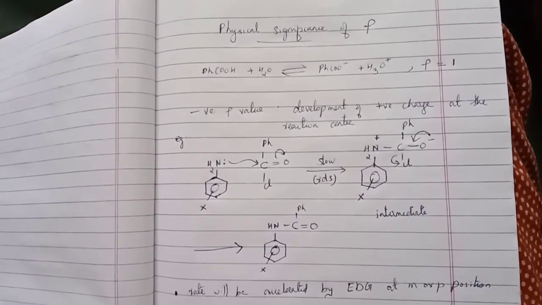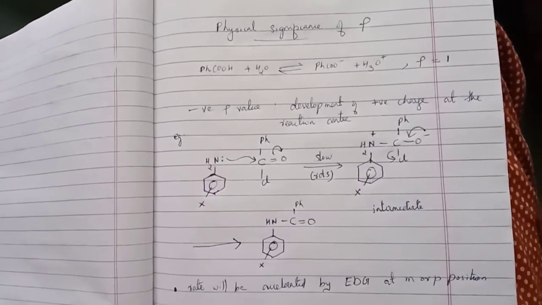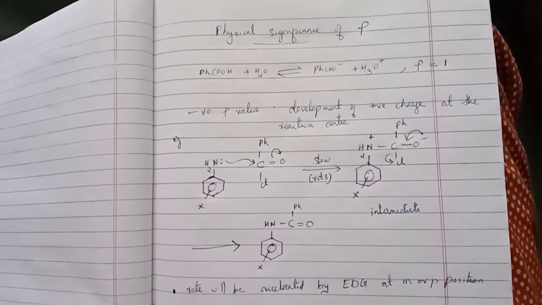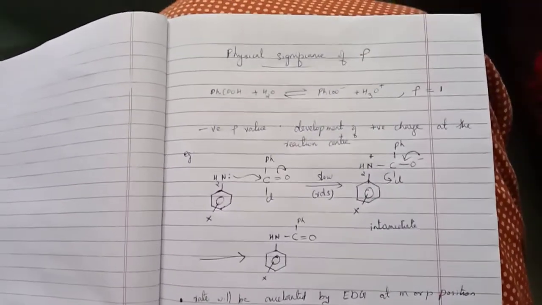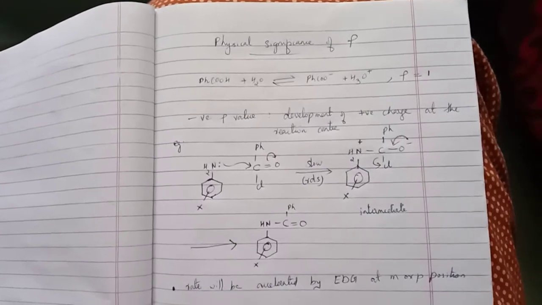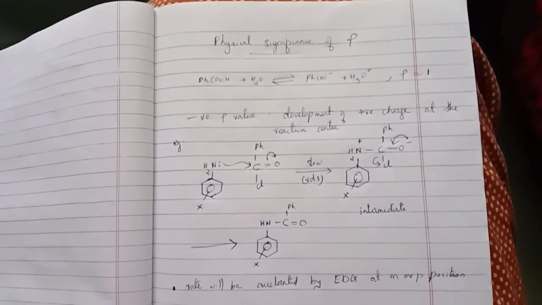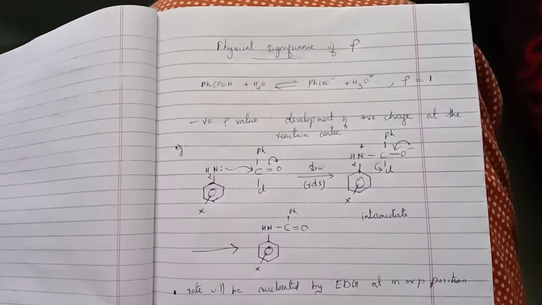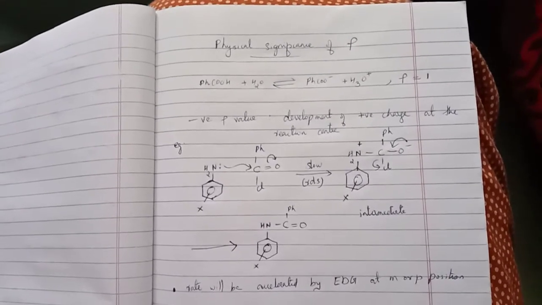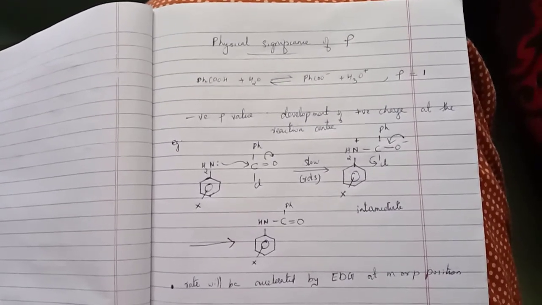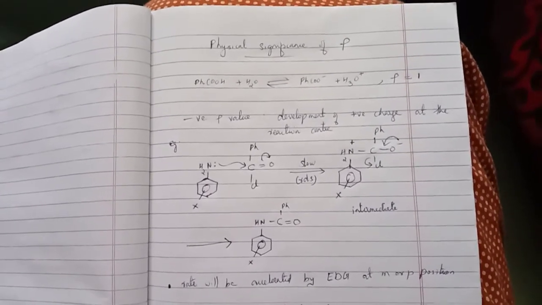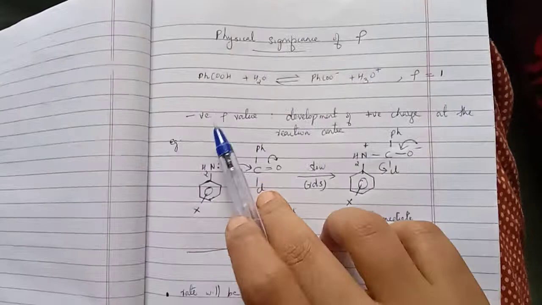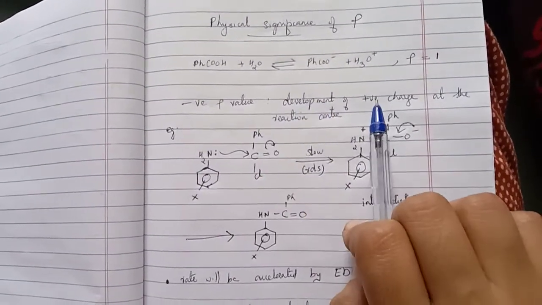Negative rho value means development of positive charge at the reaction center, or disappearance of negative charge at the reaction center during the formation of the transition state in the rate determining step. So negative rho value means development of positive charge.